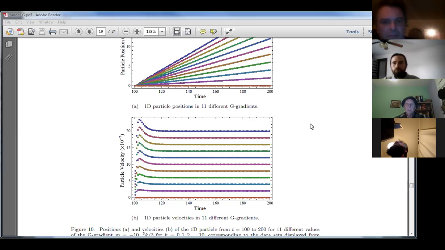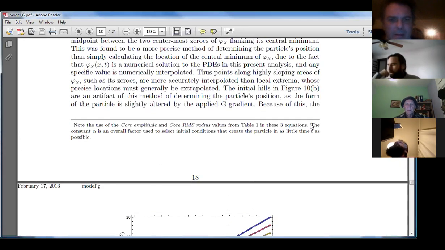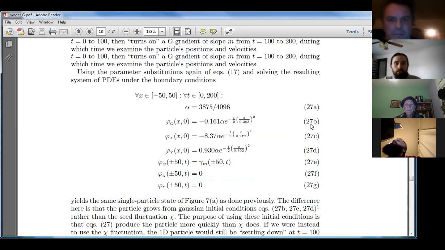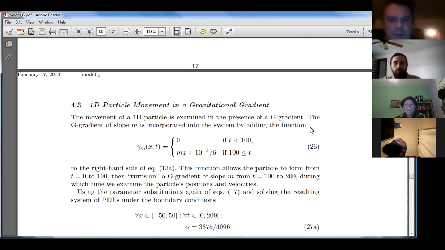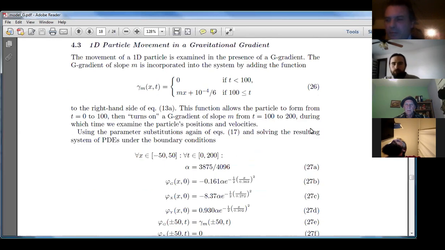Okay, this is what I was showing. Yeah, we're seeing it. This is the Model G paper, Stationary Dissipative Solitons in Model G, and this is section 4.3, where the 1D particle soliton was modeled in a gravitational gradient.